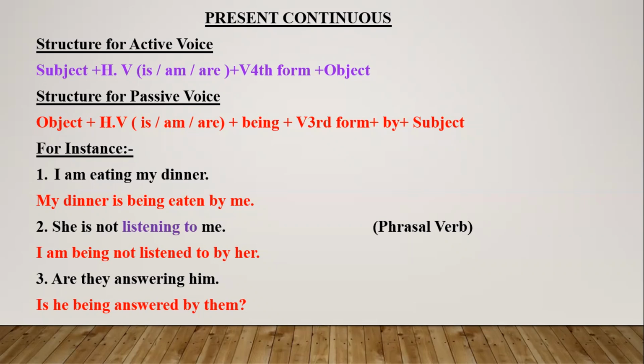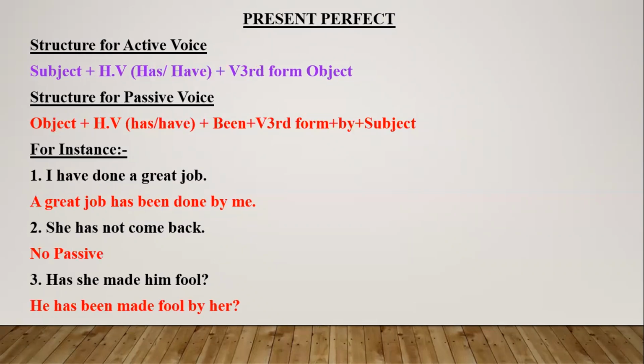Now let's move towards present perfect tense. Structure for active voice: subject. After the subject, we have to use has or have as a helping verb, then the third form and then the object. So it's very easy to convert into passive voice because we have already used the third form in the active voice of present perfect. So you can see in passive voice we also have to use the third form.